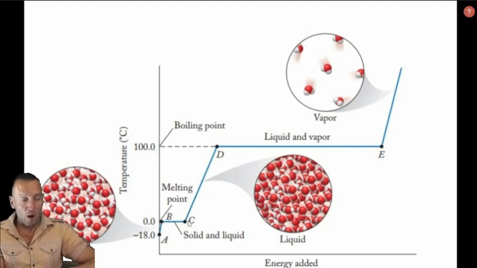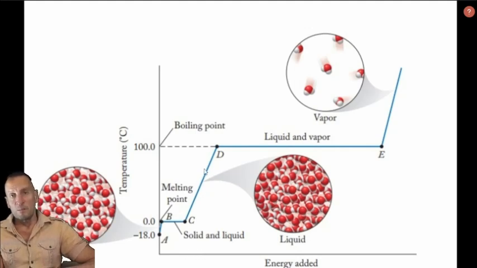We need to add more to destroy all of these hydrogen bonds. Then when all the ice is gone at 0 degrees, the temperature starts rising. And when we're adding energy, it rises the temperature.